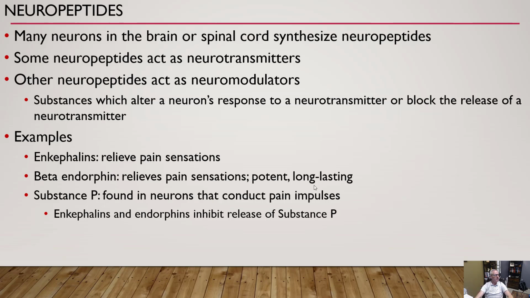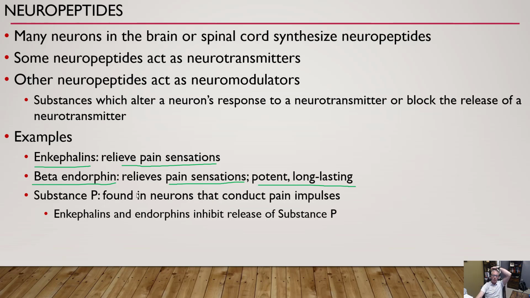Some examples: we have these things in our body called enkephalins. Enkephalins are like our natural way to relieve pain sensations. We also have endorphins, or beta endorphins. They also help relieve pain sensations, more long-lasting pain.